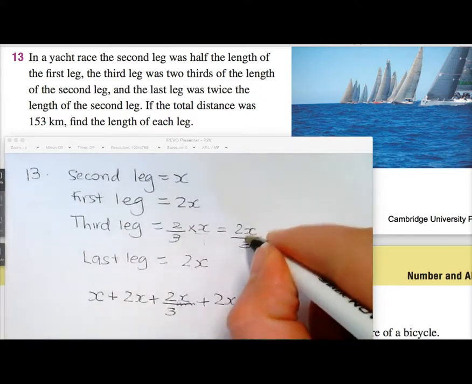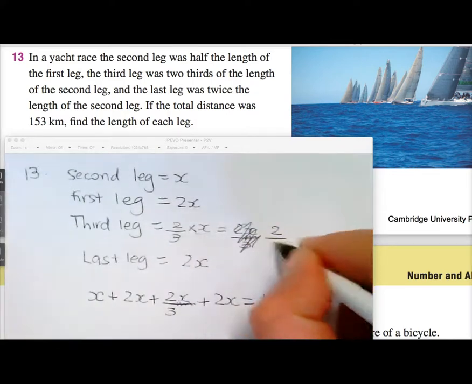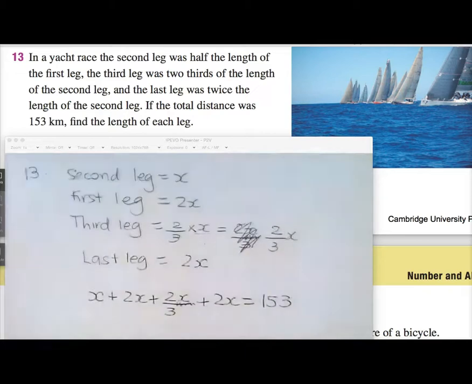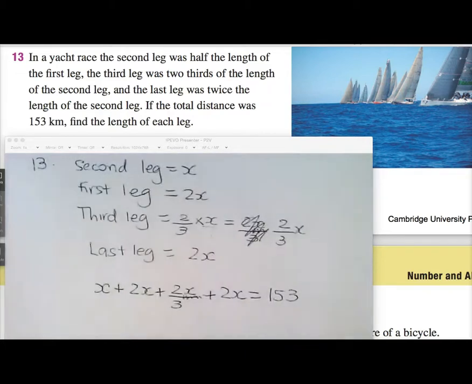Now it's just like adding whole numbers with fractions. 2 plus 2 plus 1 is 5, that's 5x. So I've got 5 and 2/3 x, but you never write it like that.